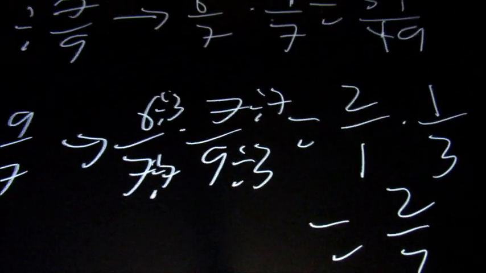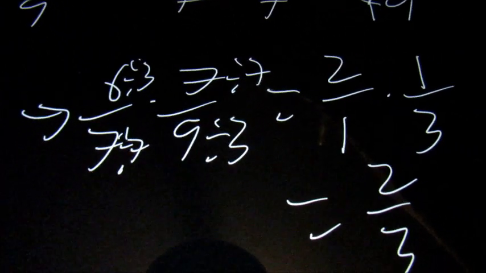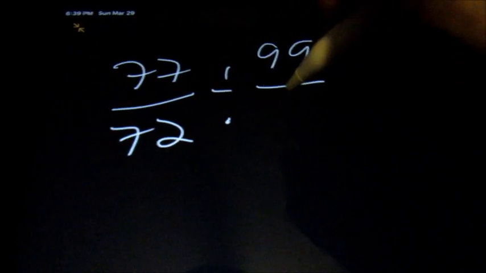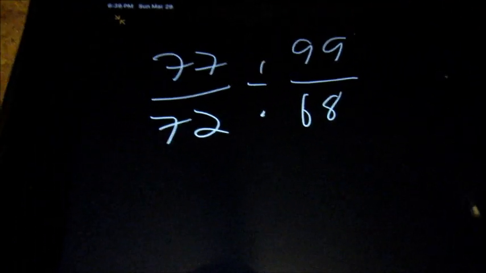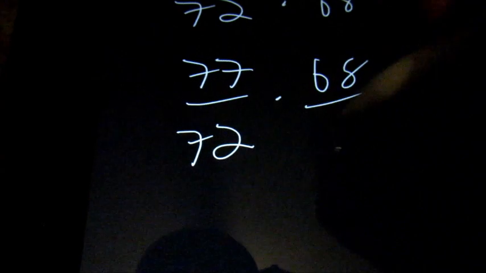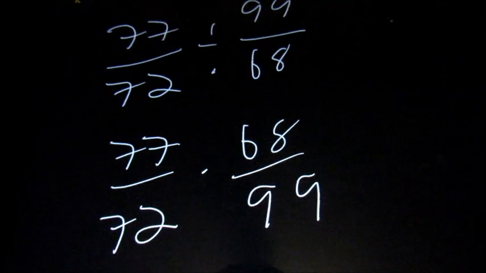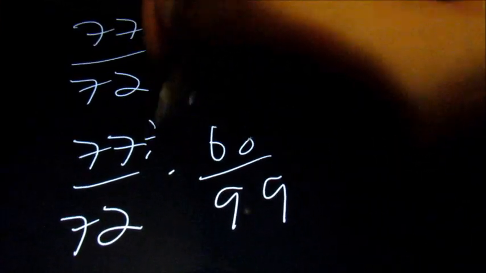So again, it does make it a little bit easier to do your simplification before you do anything else, especially on this next one. Say we have 77 over 72 divided by 99 over 68. So the first thing I'm going to do is flip the second one. We'll have 77 over 72, and it becomes times 68 over 99. So the 77 and the 99 are both divisible by 11.